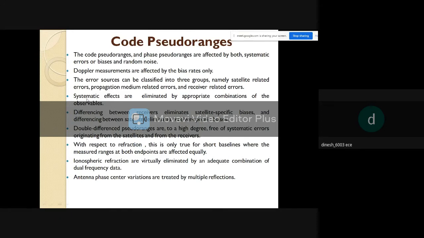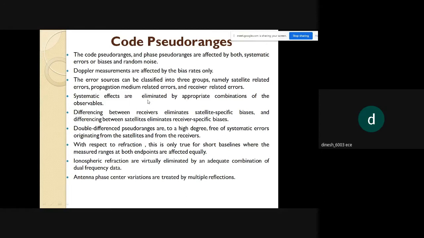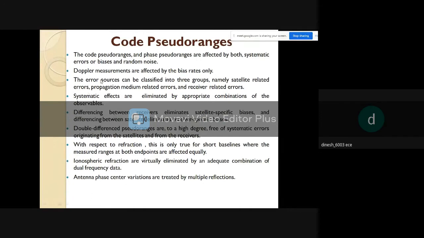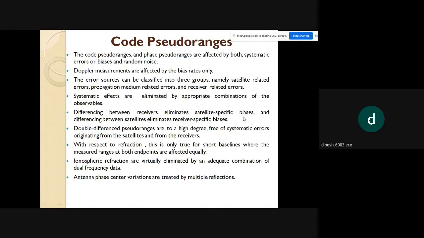So there are systematic effects that are eliminated by appropriate combinations of observations of the satellite with respect to its point. Then the differencing between receivers could eliminate the satellite specific biases, and the difference between satellites eliminates receiver specific biases.